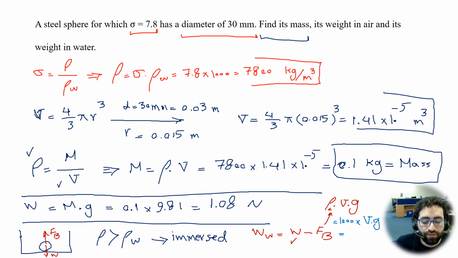Let me pause and calculate with you. It's 0.14 Newton. So the weight in the water is equal to its weight in the air, which is 1.08, minus 0.14, which is equal to 0.94 Newton.